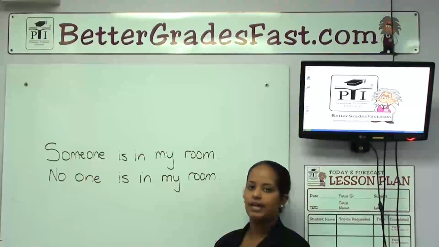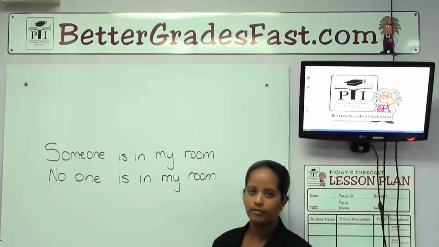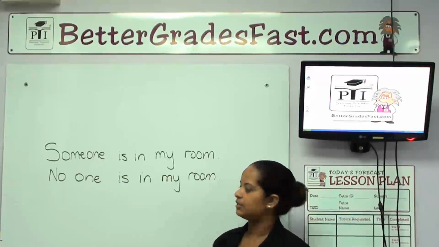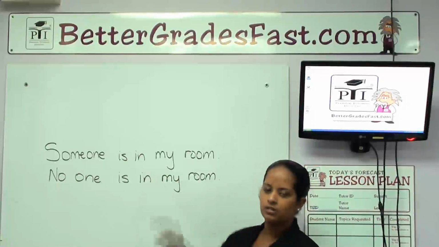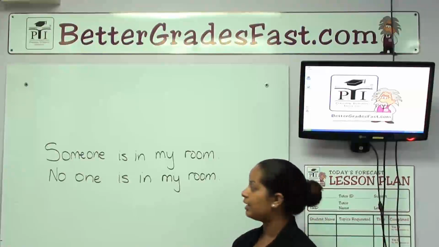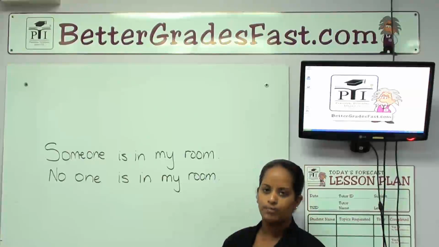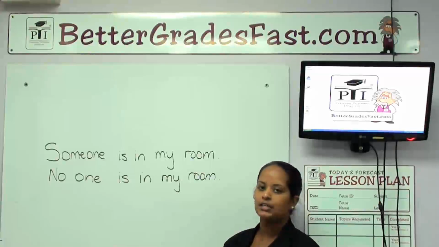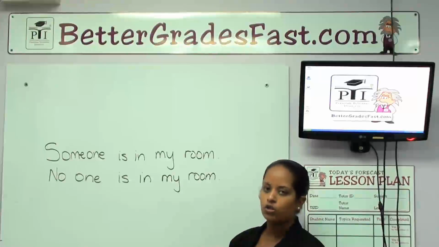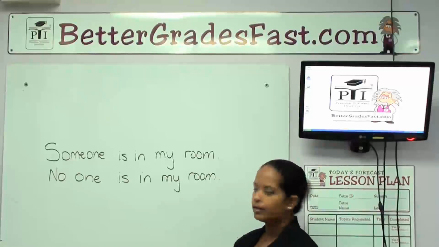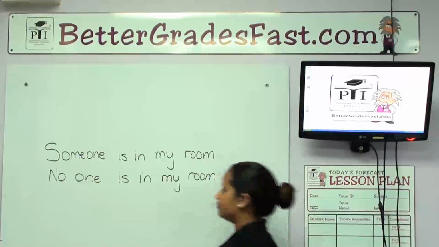Here we have the negative sentence, no one, so we know this is a negative form of the sentence before, which shows negation. Another option is to include the negative pronoun not. So you may also say, someone is not in my room.